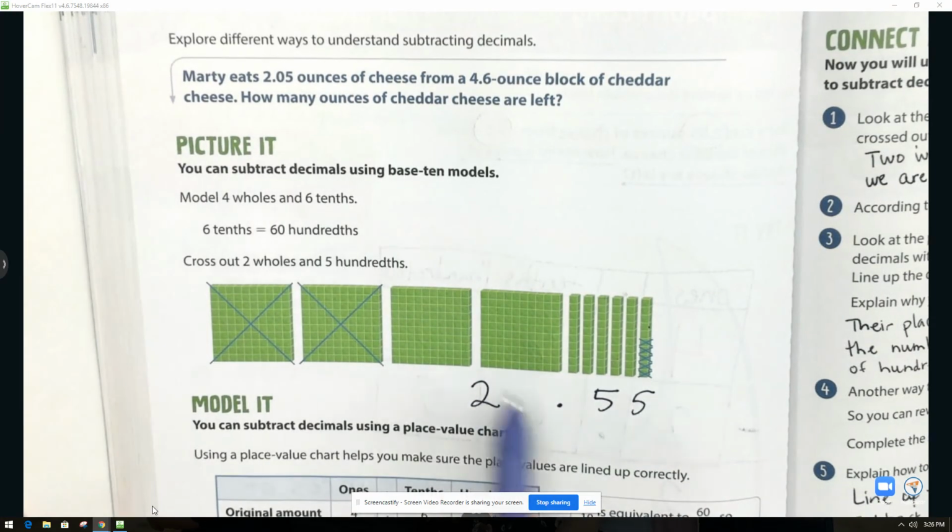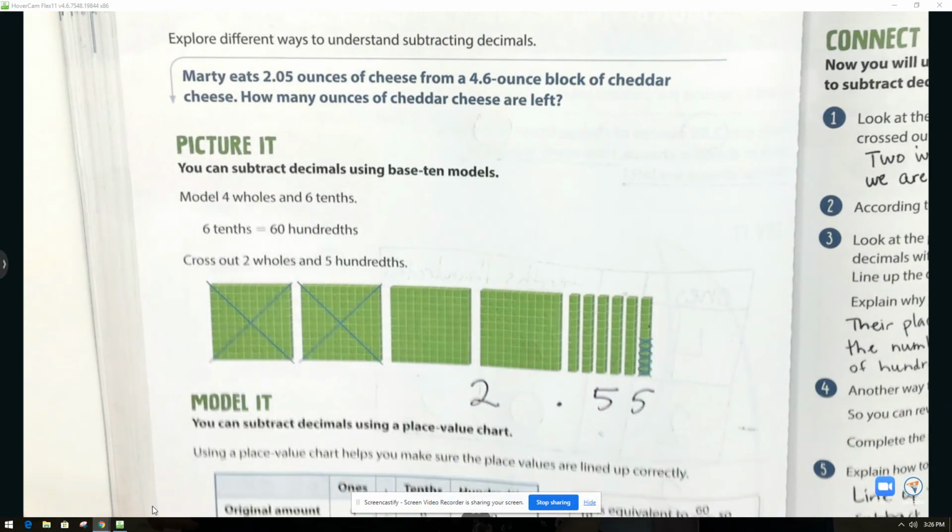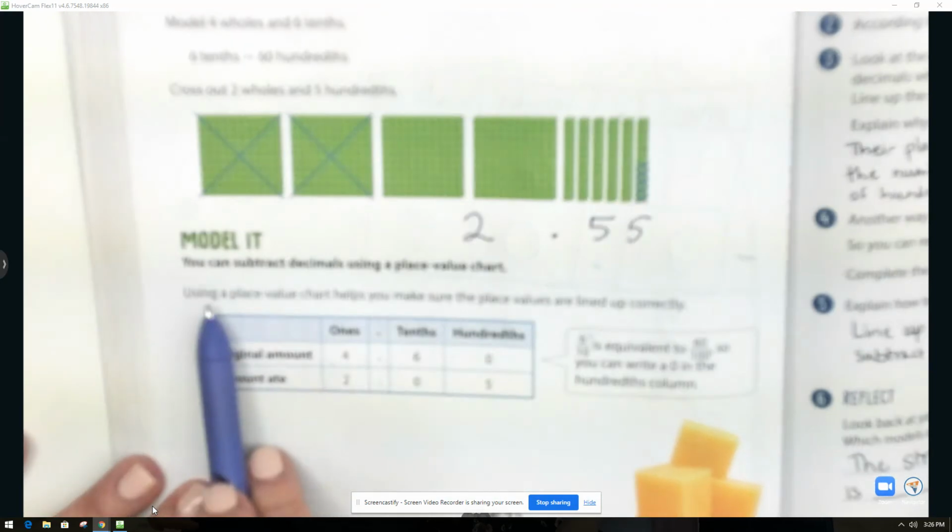You see that there? 2 wholes, 5/10, 5 hundredths, 2 and 55 hundredths. Then we come down below.